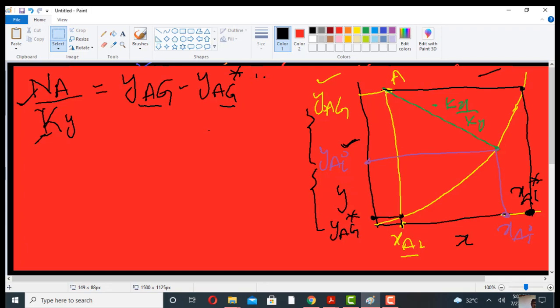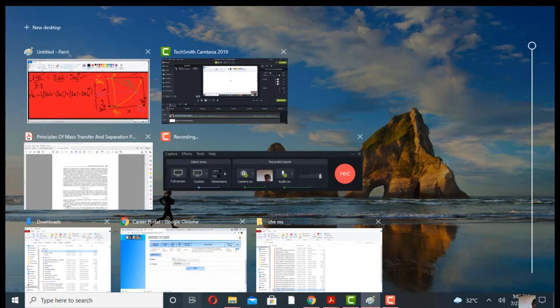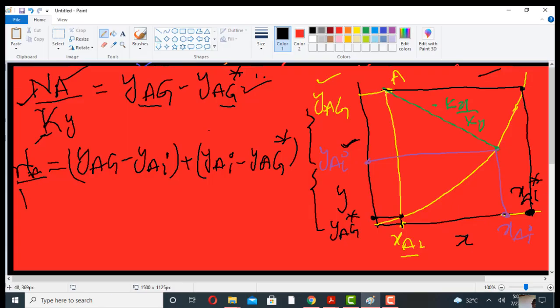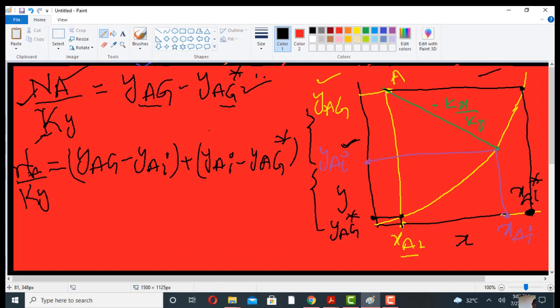This is equal to NA divided by capital KY. Now this is equation number A.